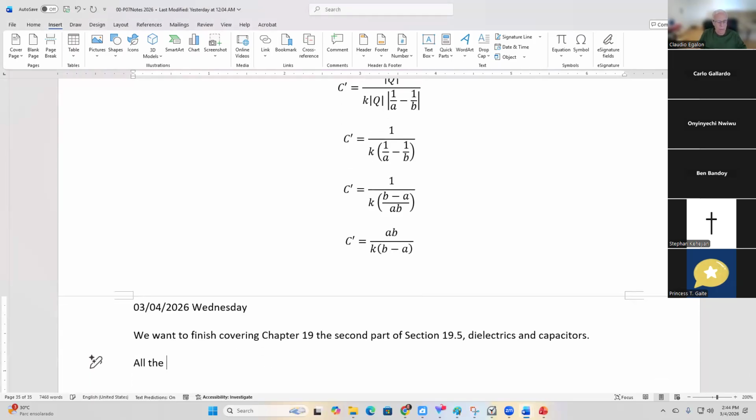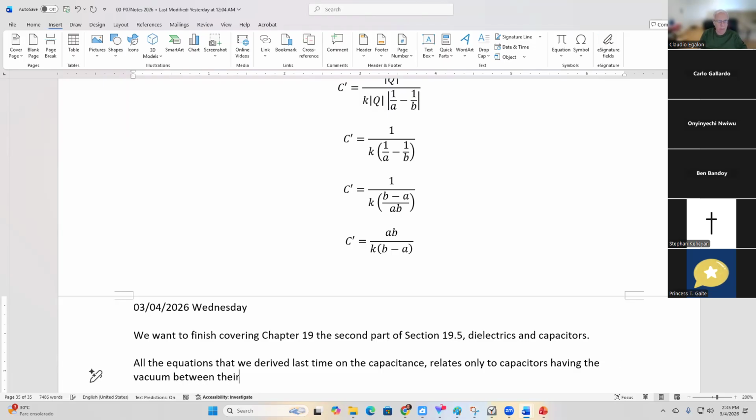All the equations that we derived the last time on the capacitors relate only to capacitors having vacuum between their plates.